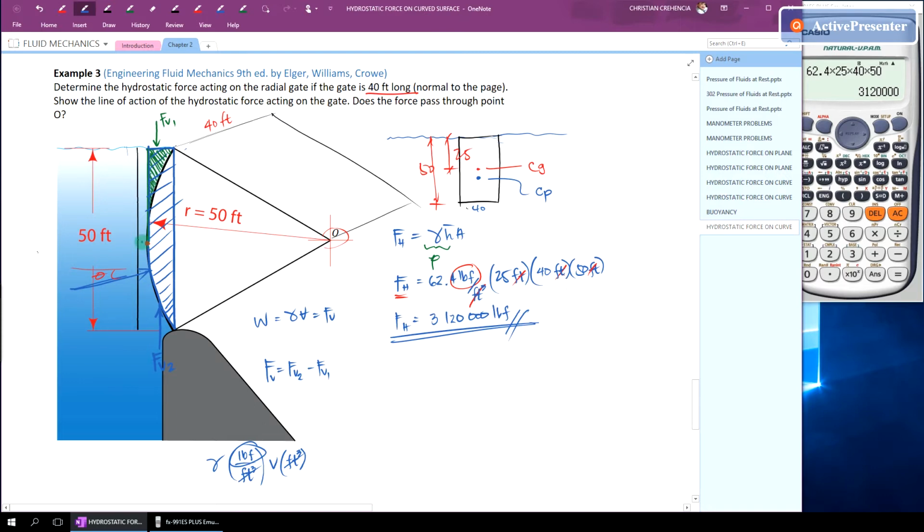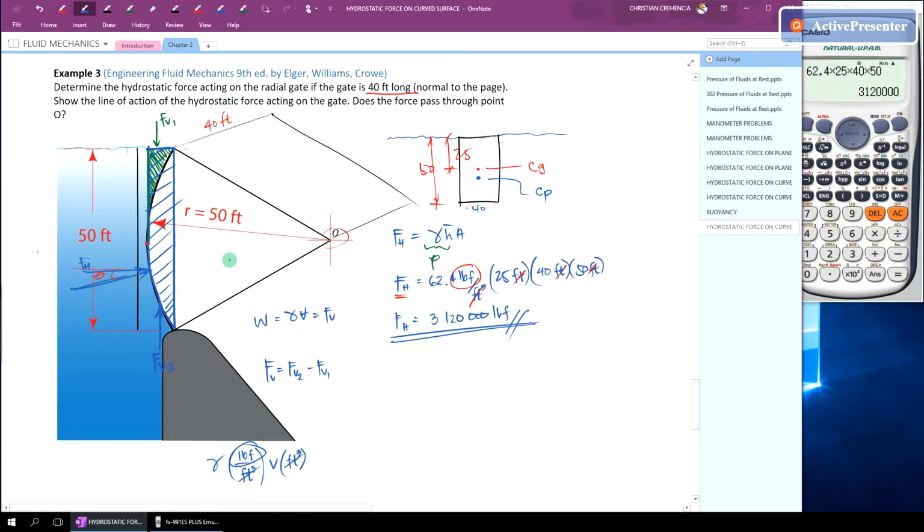So, if this is yung center of gravity ng gate, okay, or yung area, centroid ng area, then just below that is yung center of pressure. So, yung horizontal component is acting somewhere dito. Okay? FH. Then, sabi nga natin, as we expect, yung total hydrostatic force shall pass through point O.